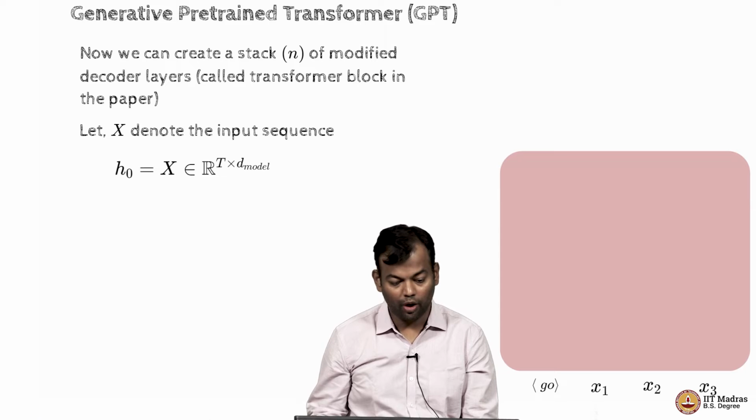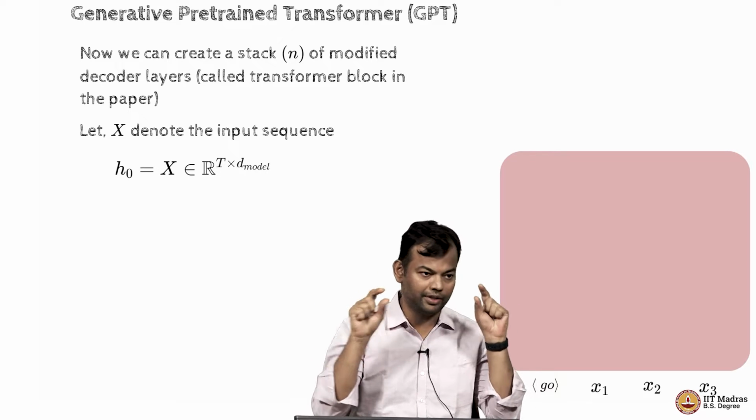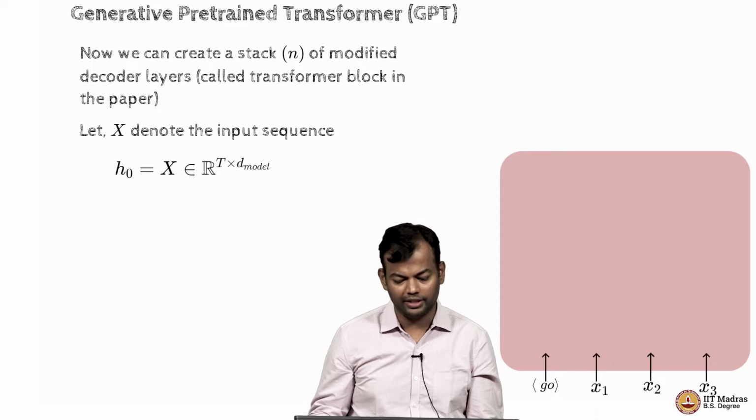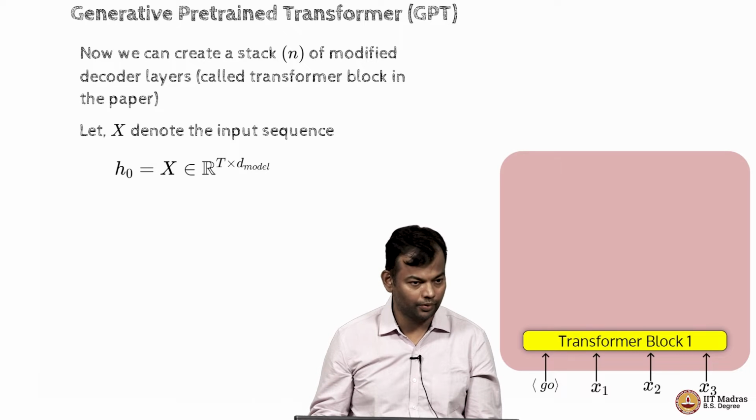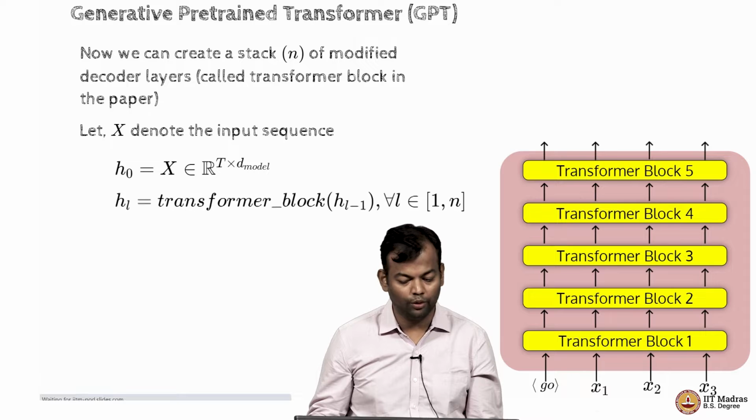So we saw what one block of the decoder only model looks like, right? We just saw one block there. Now I could just stack up n such blocks, and we now know the game.